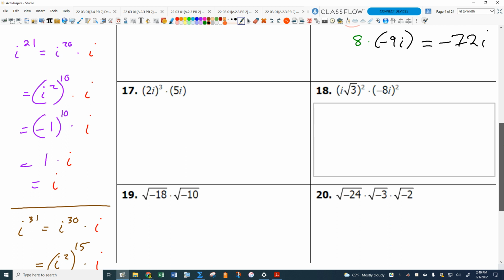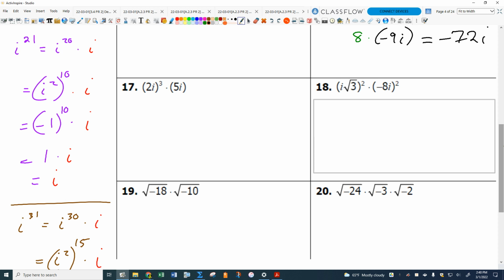How about 17? The quantity 2I cubed times 5I. Well, first of all, let's simplify that part. What's our property of exponents here that we use? If I take a times b to the n, what's that equal to? A to the n times b to the n.